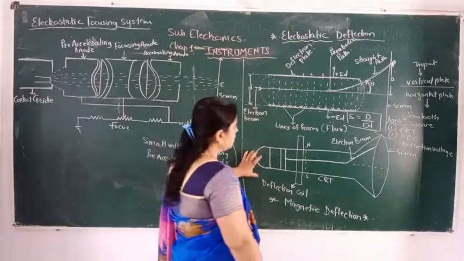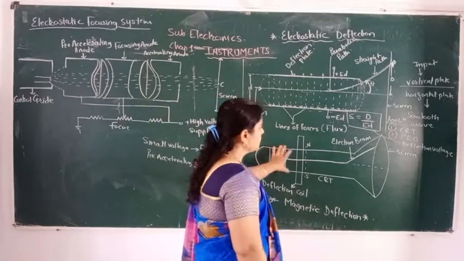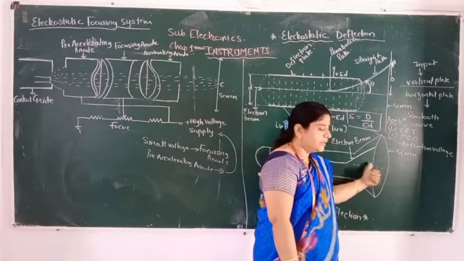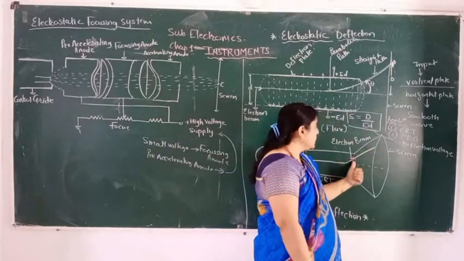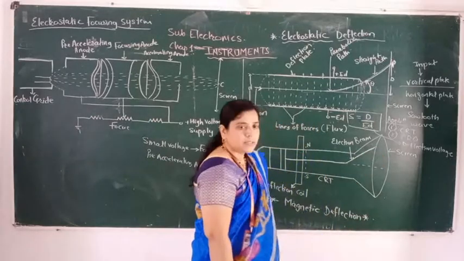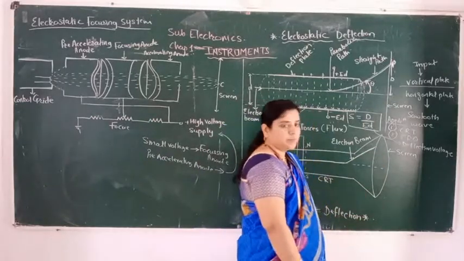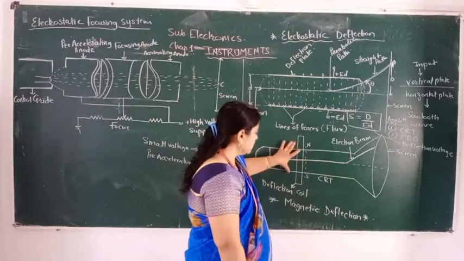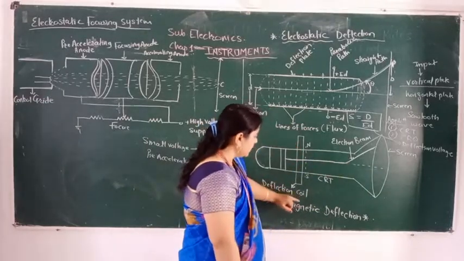The same figure is there. What is the difference? See, the screen is there. The electron beam is not flowing in a straight line. It will make a parabolic path like this, and move in a straight line on the screen, and this screen is made up of a fluorescent screen. And what happened here? A deflection coil is used.